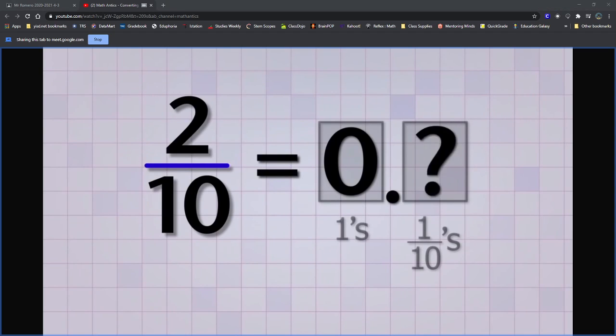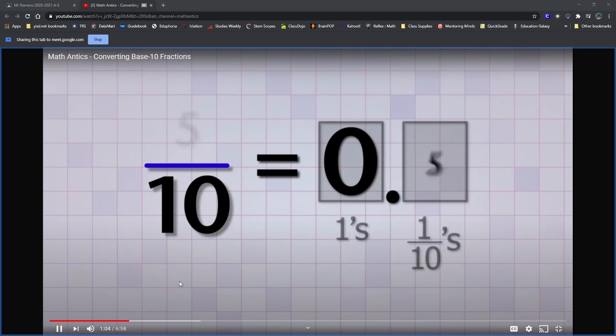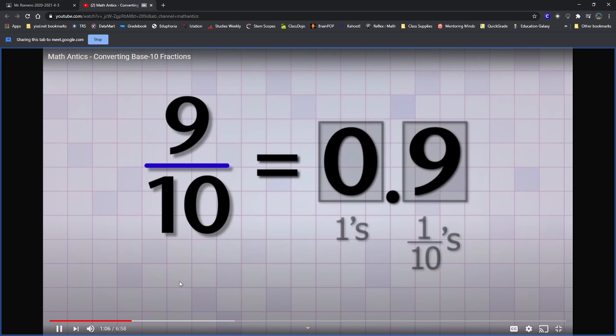What if we have 2 over 10? Notice what's happening here. As the numerator changes, the number in the tenths place changes.